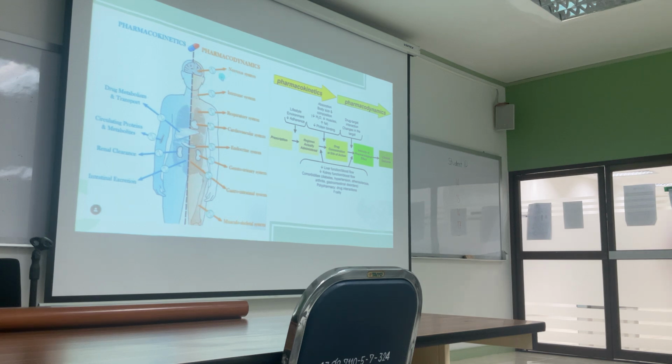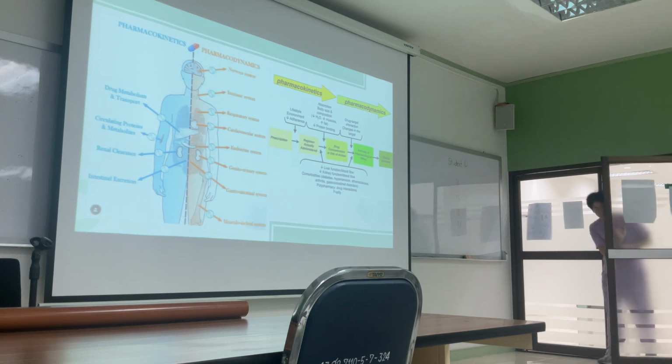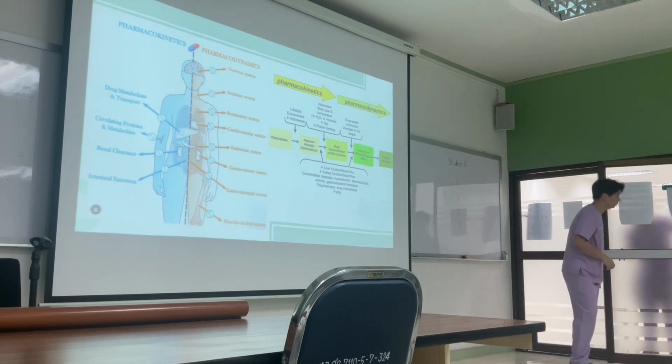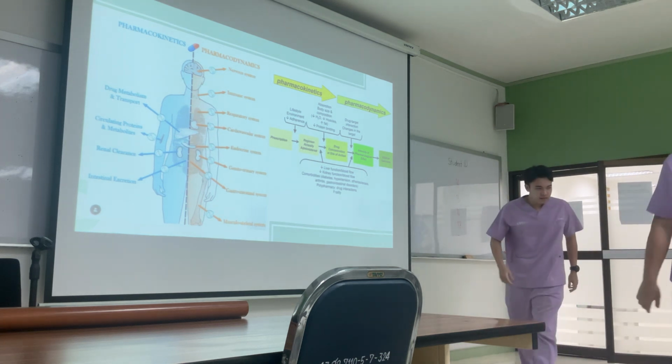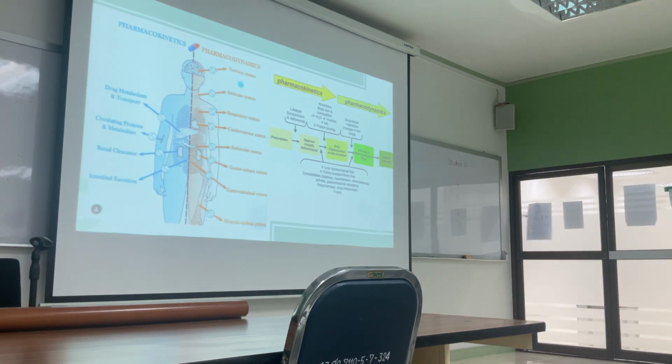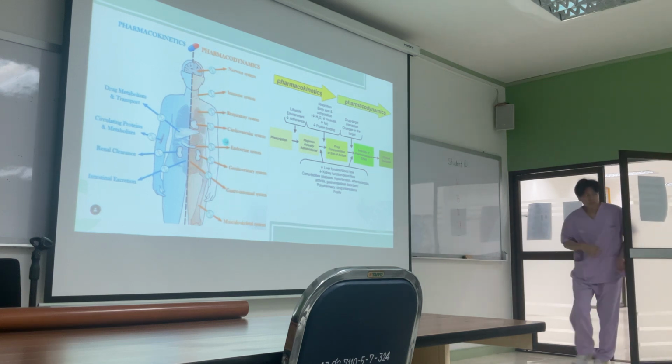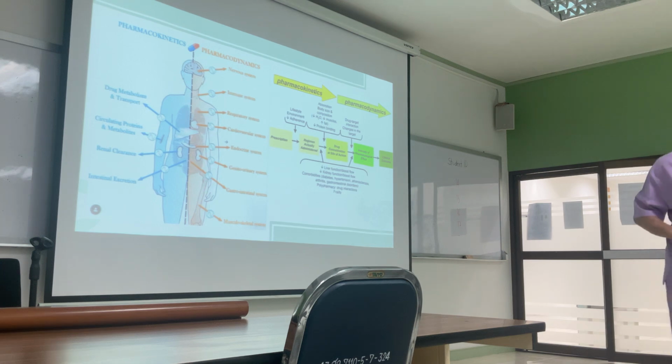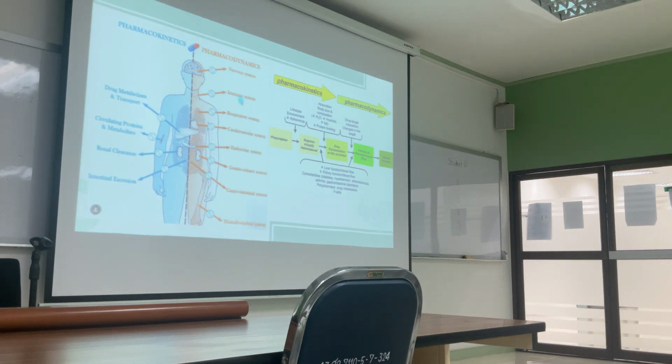Then the medication will bind to something in your body, for example a receptor or an enzyme, and those enzymes or receptors will interact with the medication and lead to an action, a change, when the medication binds to the receptors. So all the cascade and all of the binding between the receptor and the medication can change a lot of things in your body, and it depends on the medication.